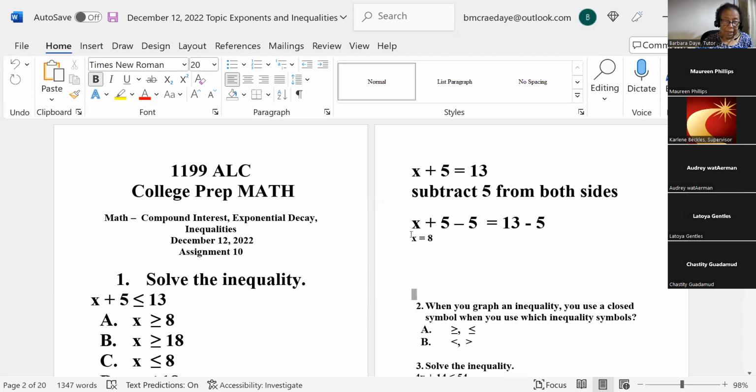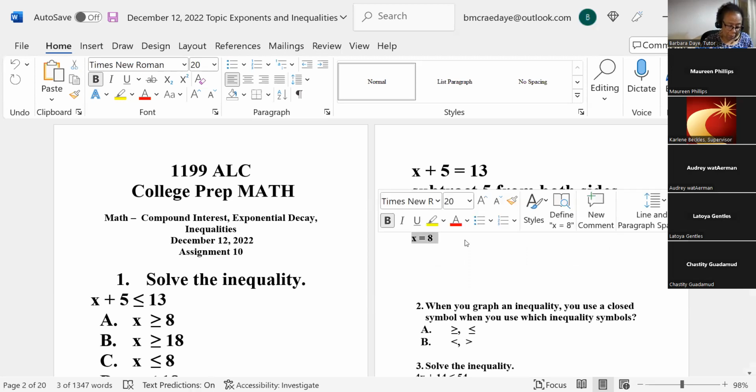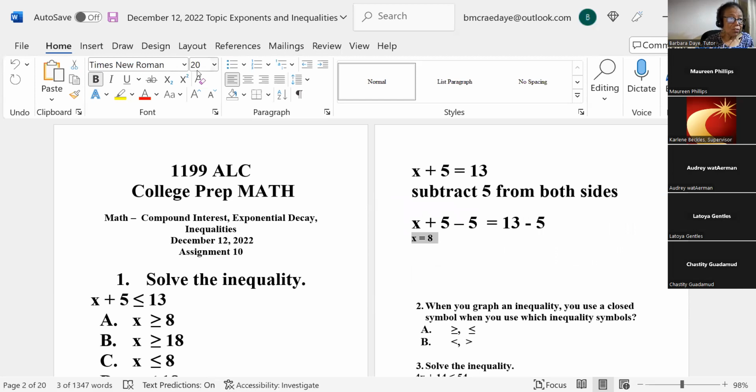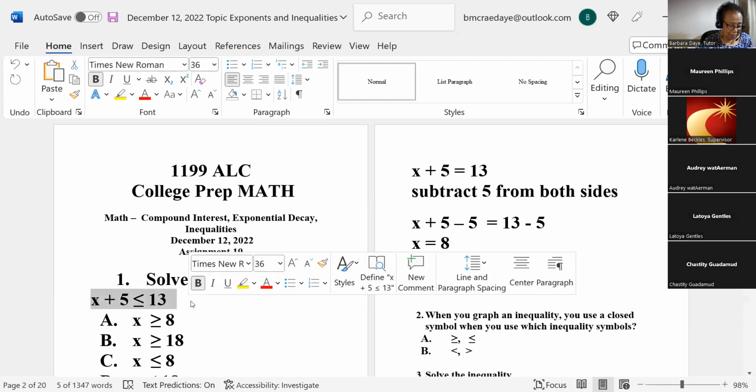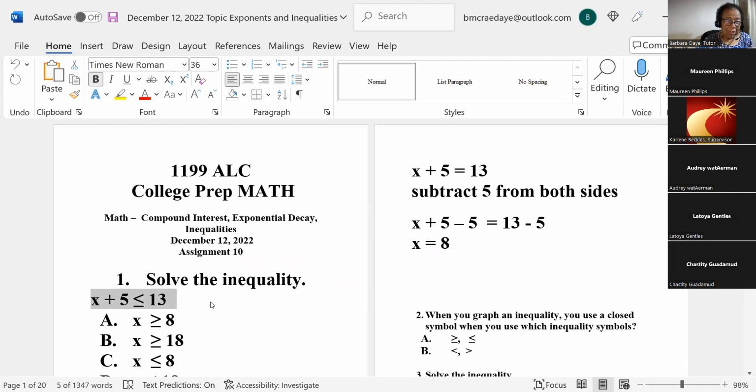Make that bigger. Now, Maureen, I'll bring the inequality over here, and I want you to do the exact same thing you just did. Okay, now let me take x plus 5 less than or equal to 13. So do the same thing you did when it was an equality.